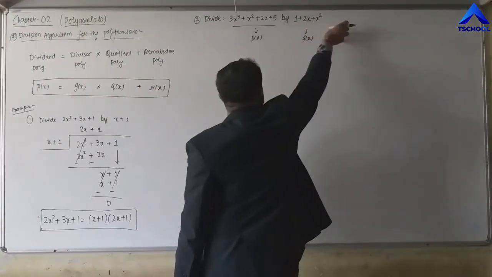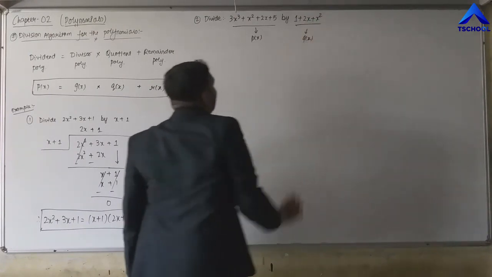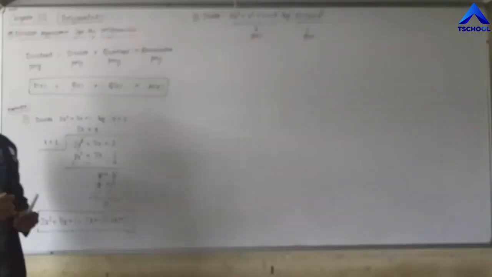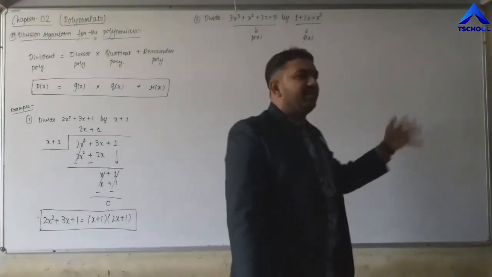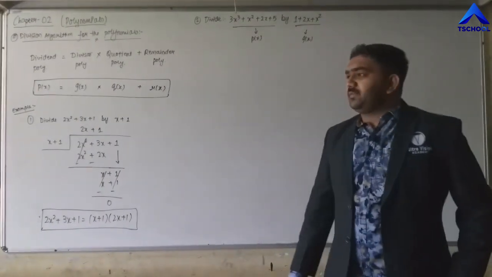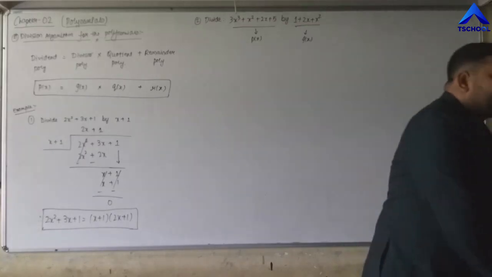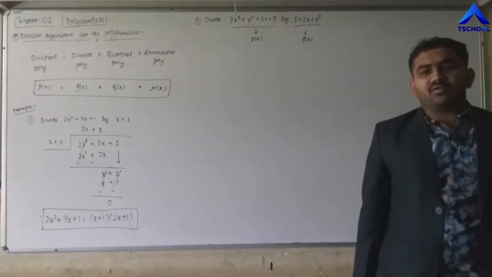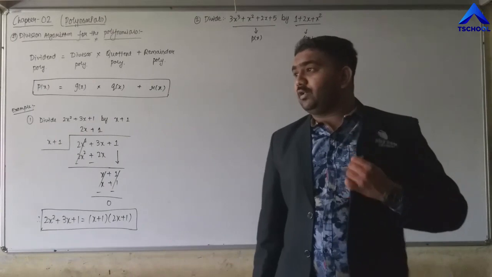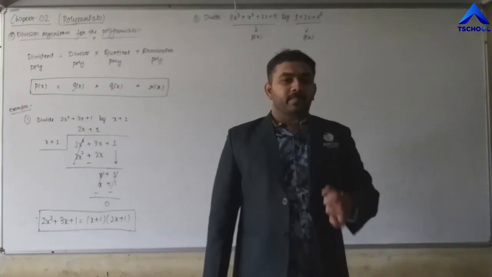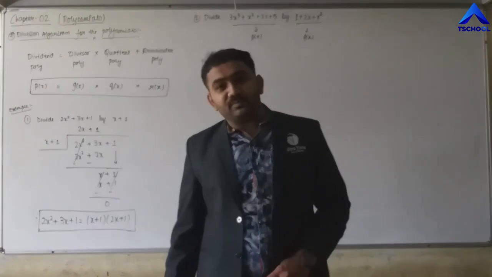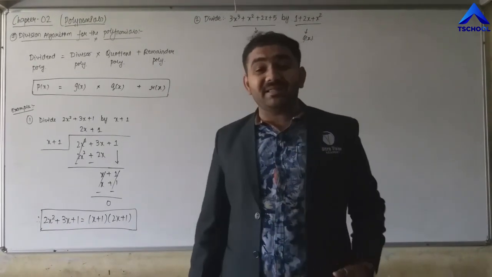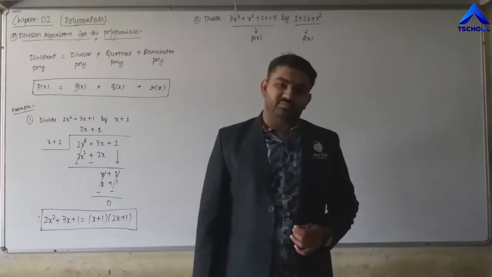One thing I forgot to tell you: when you are asked to divide polynomials like this, divide one polynomial by another polynomial, or check whether the second polynomial is a factor of the first polynomial or not, in those cases you are going to select the polynomials in such a way that the degree of g of x, that means the degree of the divisor polynomial, must be less than the degree of the dividend polynomial.